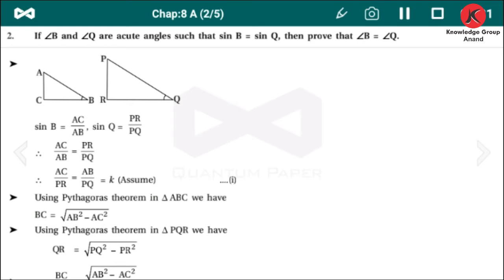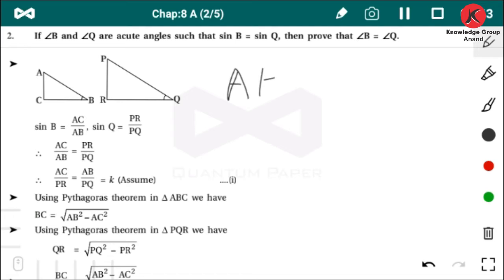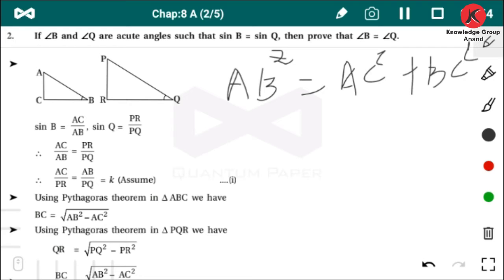Using Pythagoras theorem in triangle ABC, AB square is equal to AC square plus BC square. We find BC.